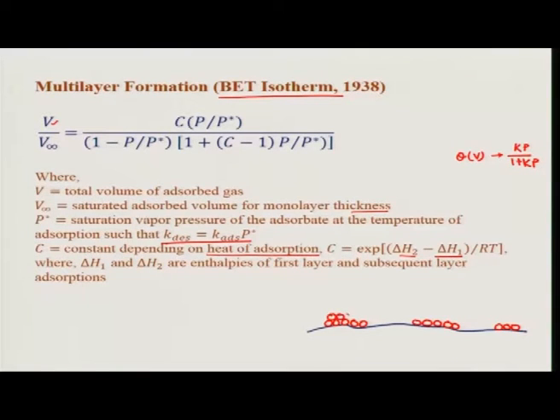Then there will be some adatoms which will start to get adsorbed on top of this, and there will be desorption from both sides simultaneously. The change in enthalpy of second layer or third layer adsorption is considered the same, and this expression will give you the volume adsorbed in the form of multilayers.